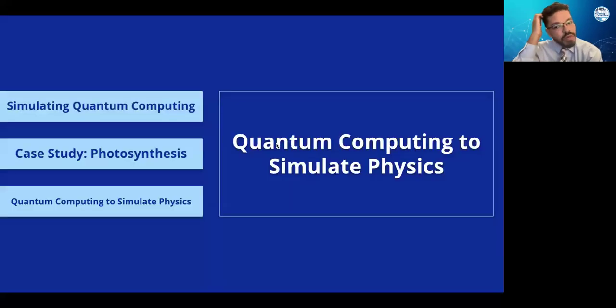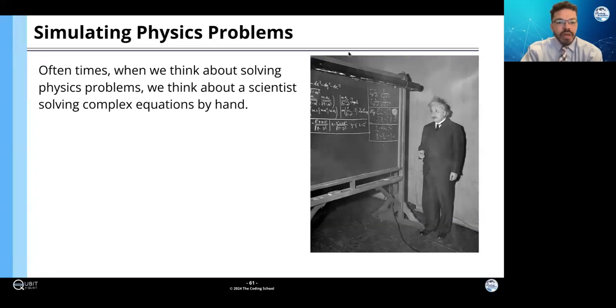So how do we use quantum computing to simulate physics? Well, there's so much popular culture oriented around this idea you see at the right-hand side, where you've got an absolutely world-staggeringly brilliant person sitting in a Swiss patent office with a chalkboard, and he produces equations that describe the universe, right?